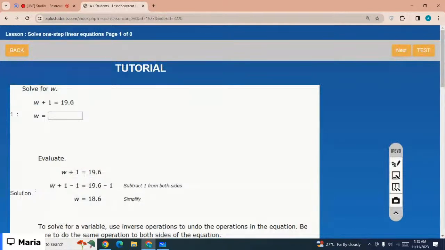Basically, you have to isolate the variable w. How to isolate the variable w? You have 1 added here. You can move that 1 to the other side. When you move it to the other side, it is subtracted. So it is w equals 19.6 minus 1.